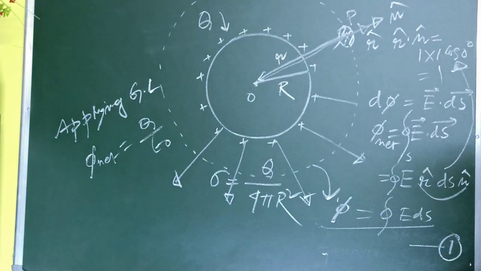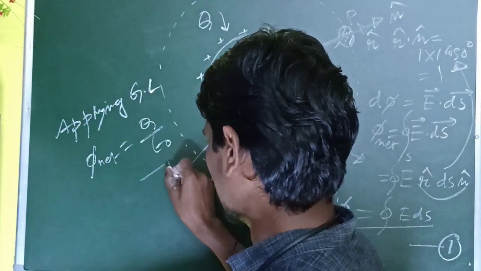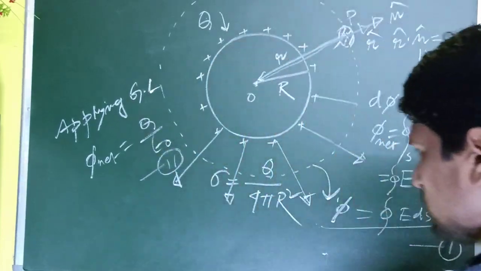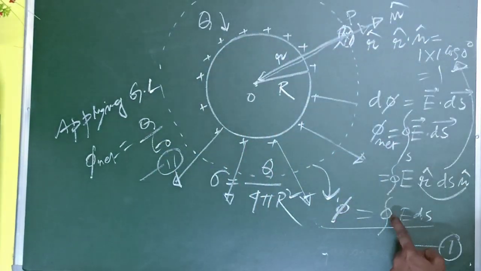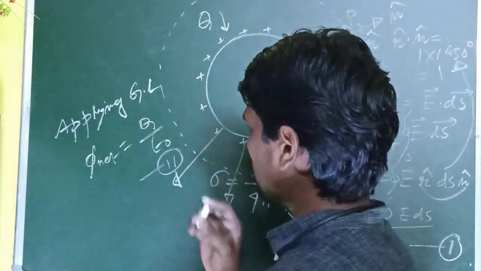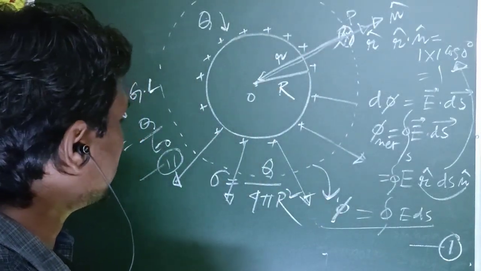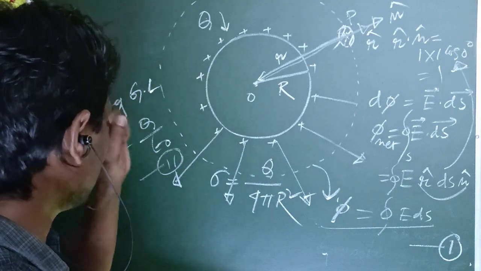So flux phi net equals Q by epsilon naught, and this is equation 2. So equation 1 is phi equals the closed integration of the electric field, the definition of flux, and equation 2 is Gauss's law, phi net equals Q by epsilon naught.